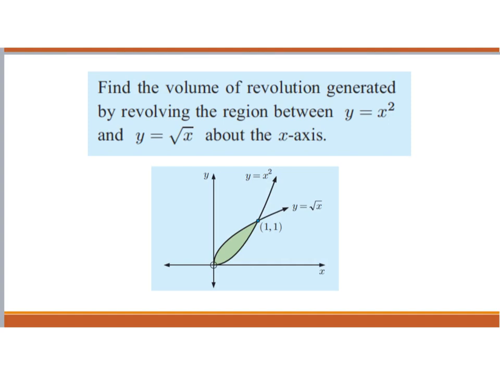Okay, let's take an example of case 2, where you have a region formed by 2 functions. So over here, you have a part of the graph of y is equal to x squared. This is actually our lower function, so this is your y sub L. And the graph of y is equal to square root of x, this one, is our upper function in this case.